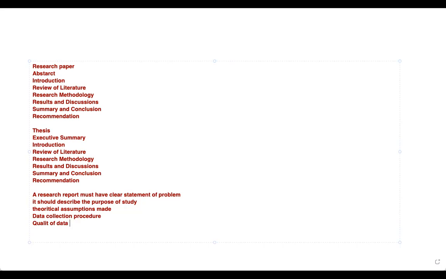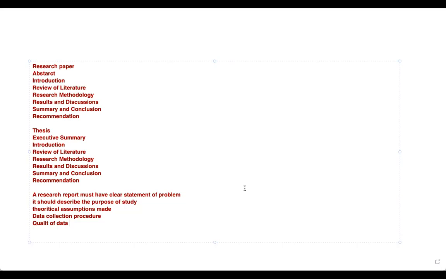Construct validity means the theory that I'm testing is actually what is to be researched. And then content of the questionnaire, interview schedule, etc. Does it cover everything, does it cover relevant things? And then face validity: is whatever tool I have used properly designed? Do you understand? Class?